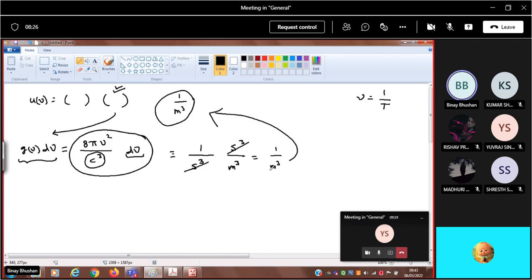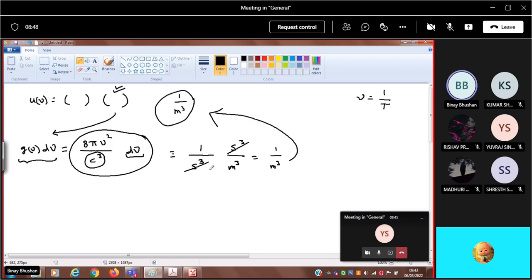Is it clear, Yuras? Yes, sir. So that's the way I remember anything. The consistency of unit and dimension is a very useful tool for checking whether any formula is correct or not.